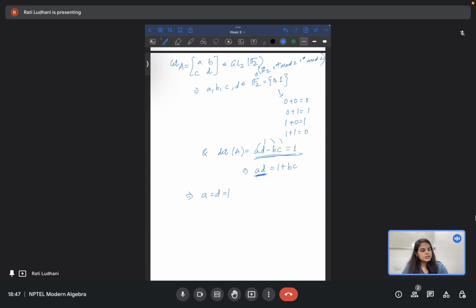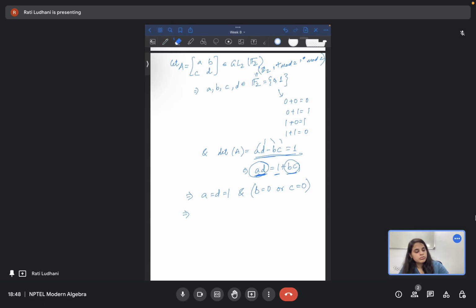Then the multiplication will again be 1. At this position it should be 0. So if both of these are 1, then there is an issue. So either B is equal to 0 or C is equal to 0. One of them has to be 0 at least. It could be possible that both of them are 0.